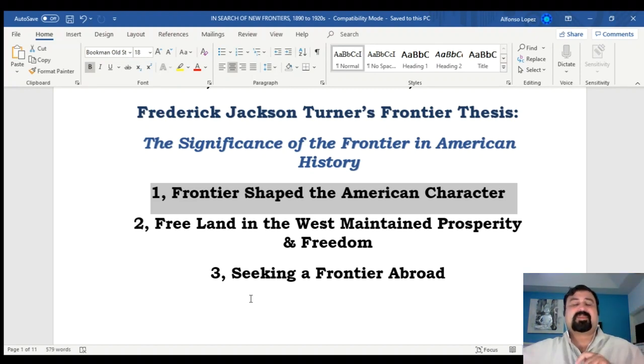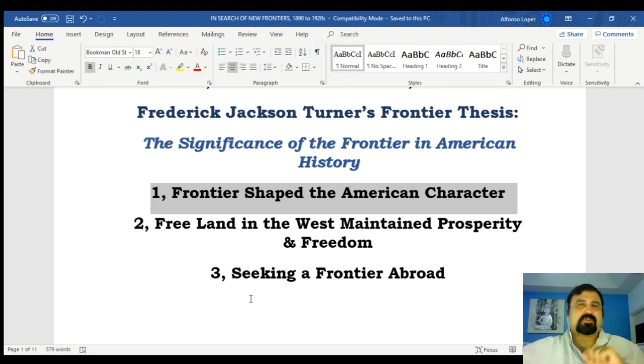until 1890. This shaped the character of Americans, in that Americans developed specific character traits that are very distinct, very unique to the people living in the United States versus, let's say, people that live in Europe or in other countries.